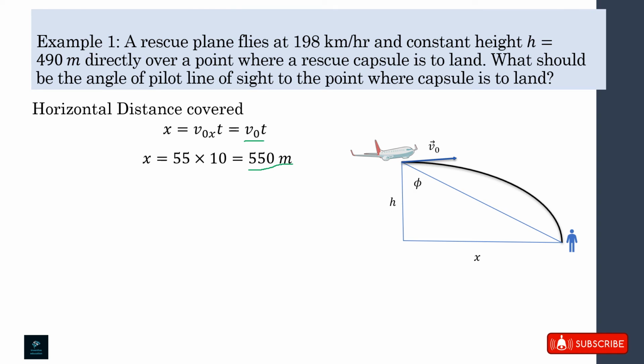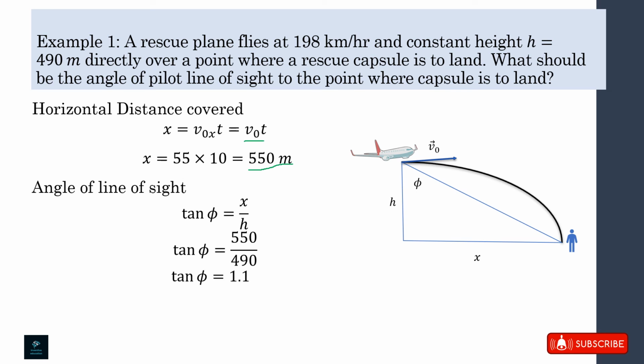Now we know that tan of phi is equal to x by h. Therefore, using this information to find the angle of line of sight, we calculate phi as tan phi equal to x by h, and therefore putting values of x and h, we find that tan phi is equal to 550 divided by 490, and if we calculate it, we'll find that tan of phi is equal to 1.12.